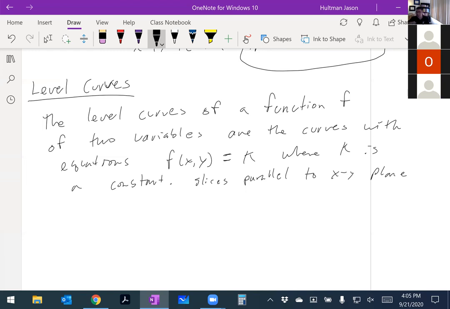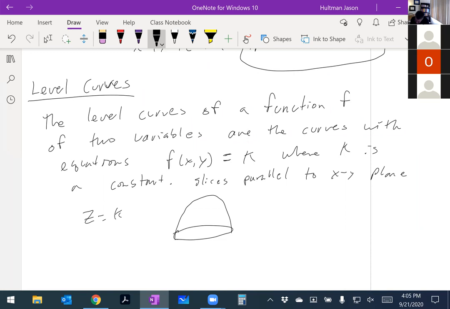Now, are they traces? No, because a trace is just when z is equal to 0. Here z is equal to a constant. Basically you're saying z is equal to k, which means, let's look at our dome again. Here's my dome, right? And so what would be my level curves?